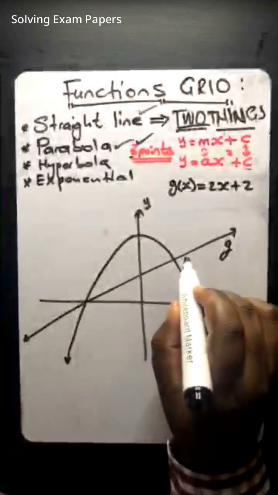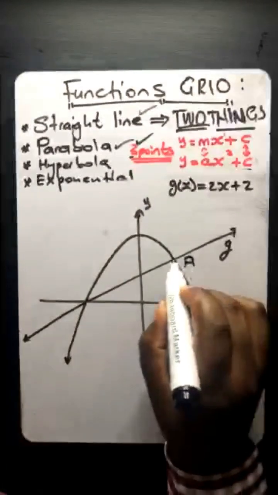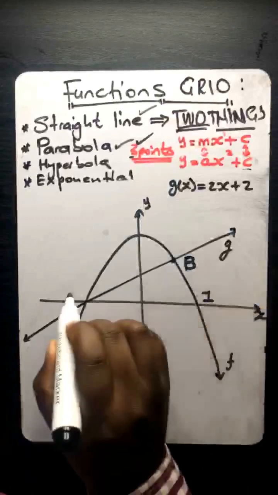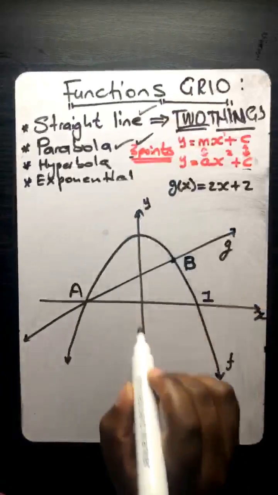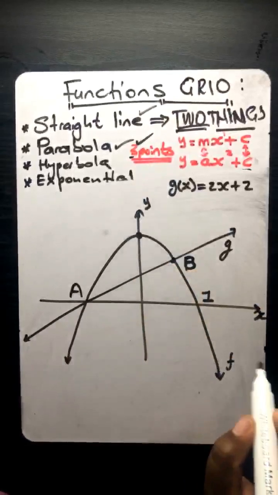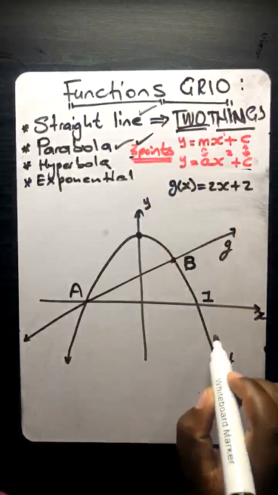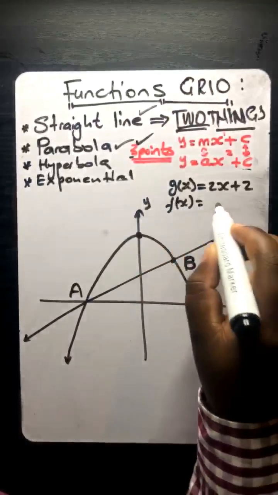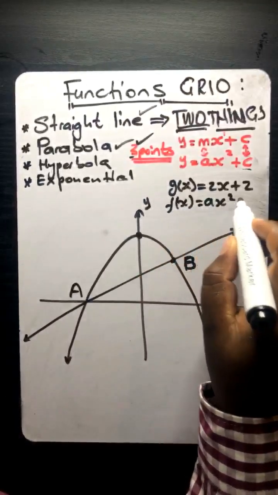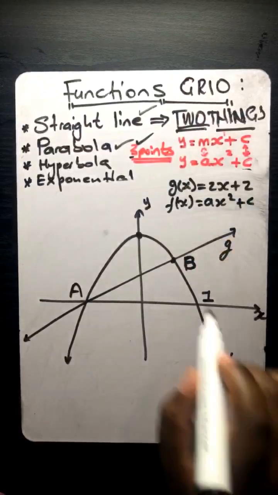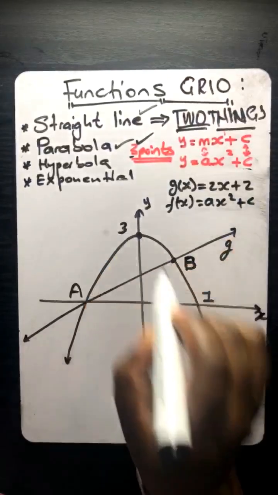This one being point B, this one being point A, and let's say this is the graph of F. F of X is equal to AX squared plus Q, and maybe they say this is 3.